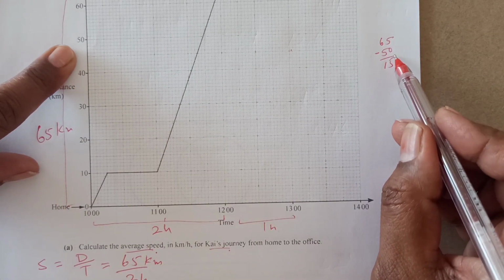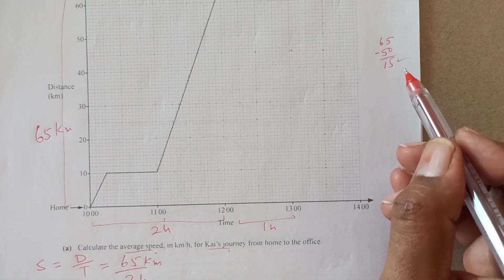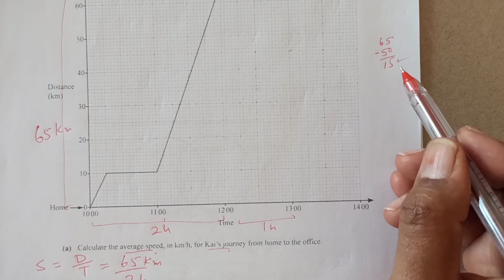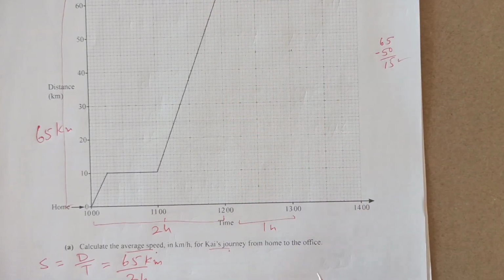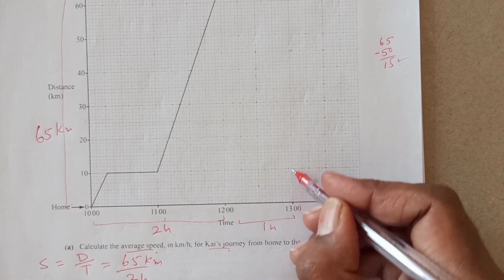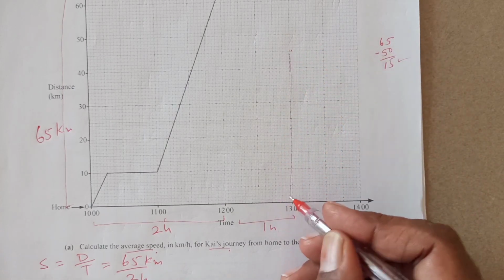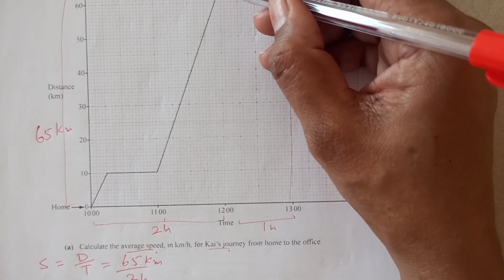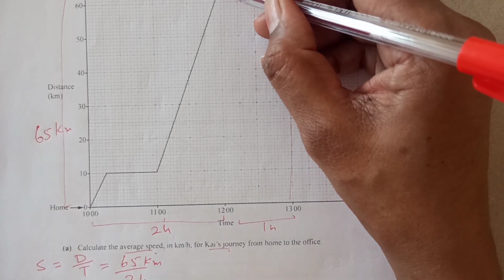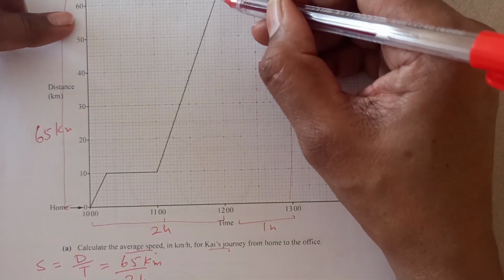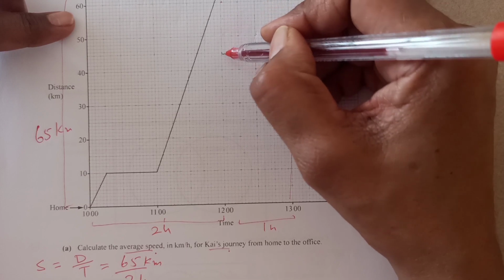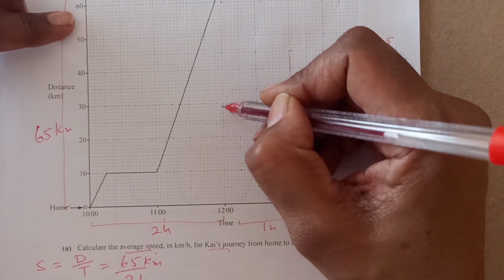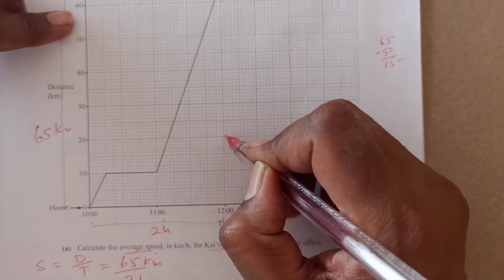What I'm saying, he is at 65 kilometers and he is covering 50 kilometers in an hour. 1 hour he is here, so this is the line of 1 hour. He is covering 50 kilometers from here. This is kilometer, so this is 5, 10, 15, 20, 25, 30, 35, 40, 45 and 50.